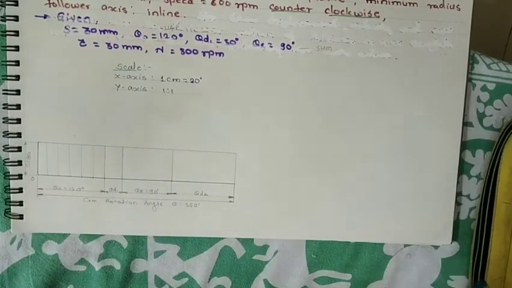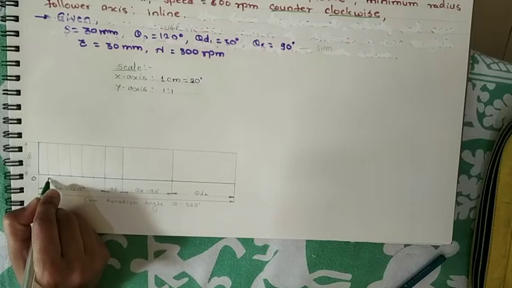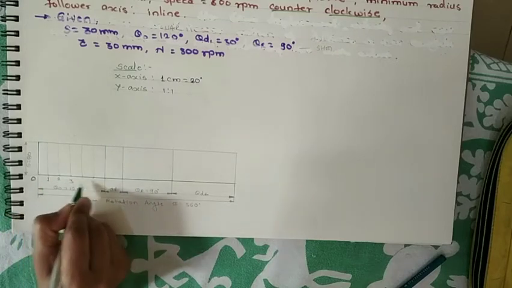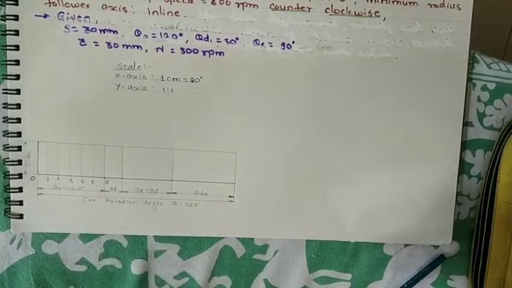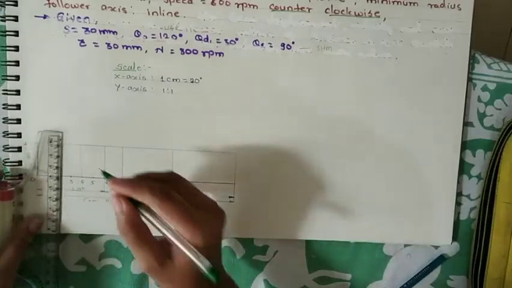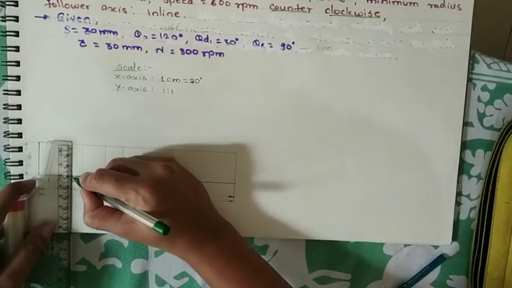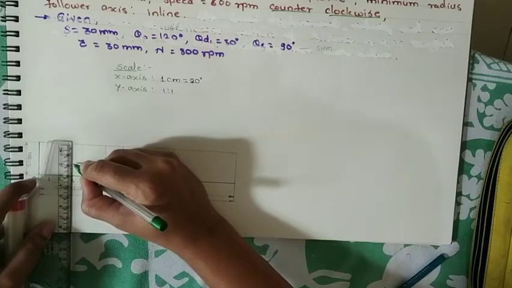After that, since the motion is uniform acceleration and deceleration, divide this midline and give the numbers. Here is the center O, that is 0, then 1, 2, 3, 4, 5 and 6. So here we have the 6 divisions. After that, divide the midline, which is the vertical line, into the same equal even number of parts.